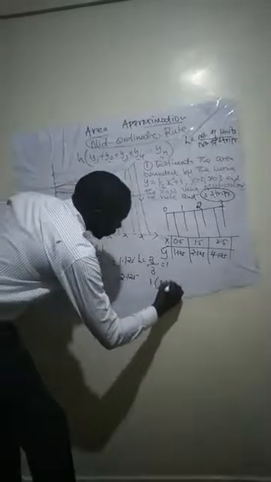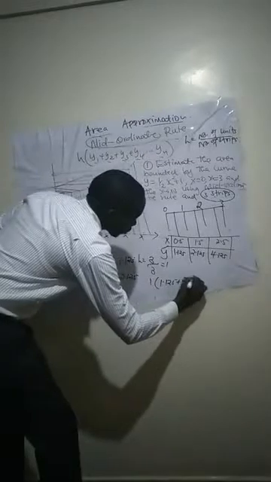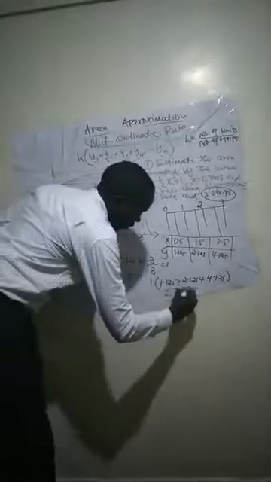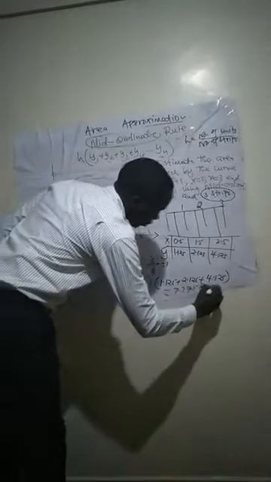So h is 1. Using the formula, h into y1 plus y2 plus y3: 1 into 1.125 plus 2.125 plus 4.125. Just add that and multiply by the value of h, and the answer is 7.375 square units.